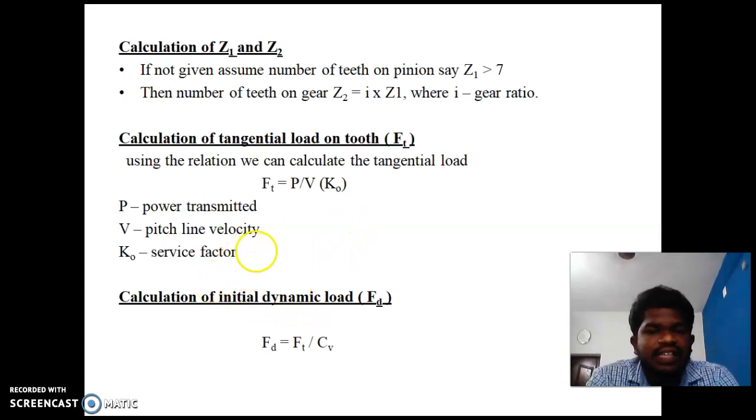We take the Cv value from the PSG design data book based on velocity of the pinion. Okay, we have the data V, we have the pitch line velocity. From this value we can take the data for Cv, velocity factor, and substitute this value and calculate the dynamic load.